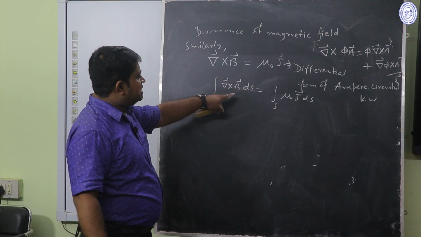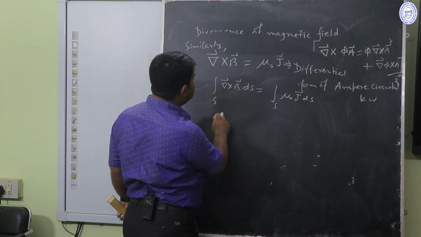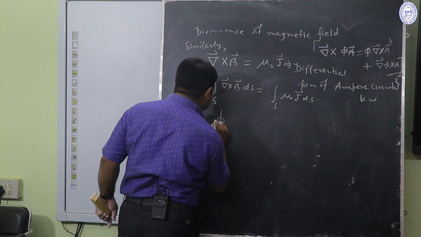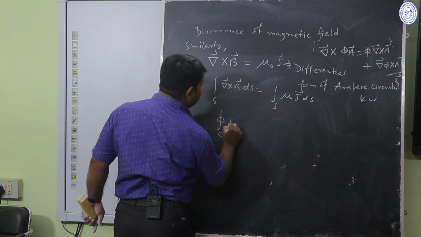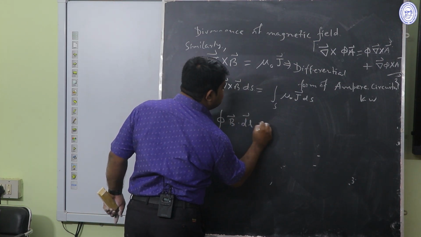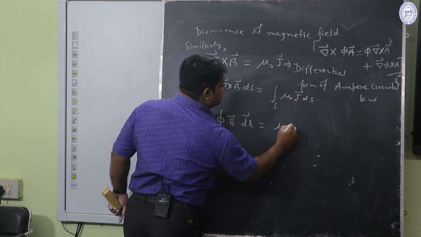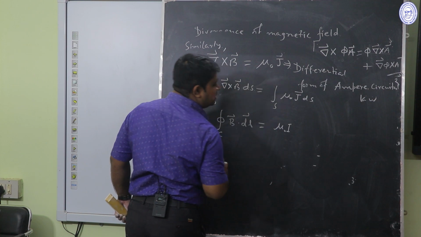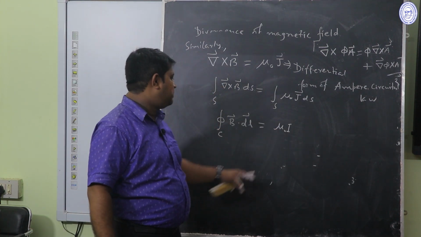The surface integration can be converted into line integration by Stokes theorem, so the closed line integral of B dot dl is equal to mu 0 times I, where I is the total current enclosed by the path.